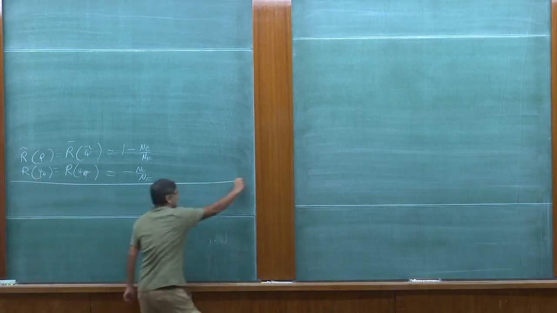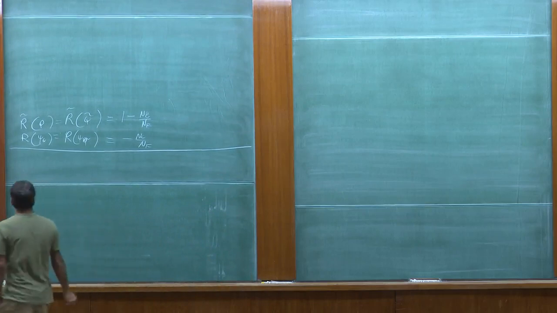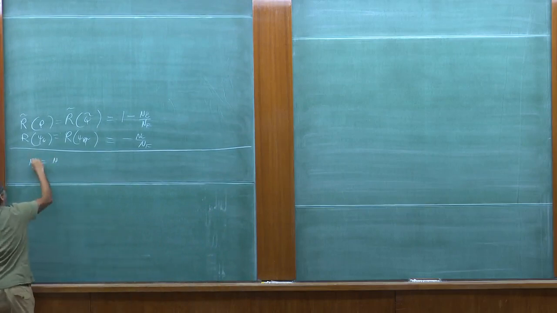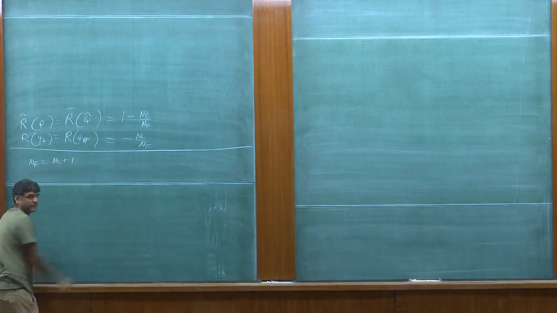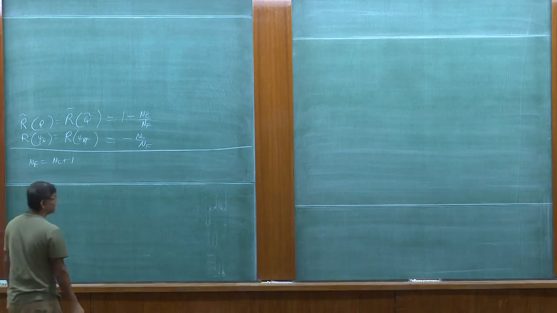So we were discussing the case NF equals NC plus 1. You remember we talked about the gauge invariant operators in this situation.